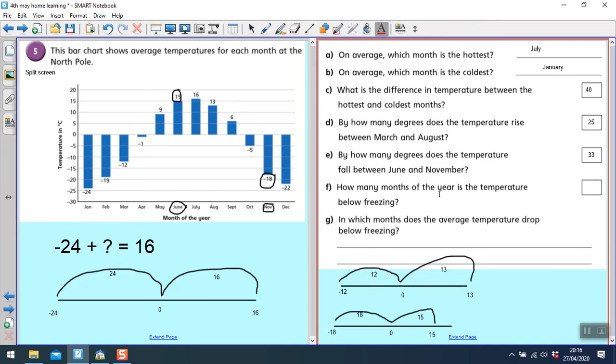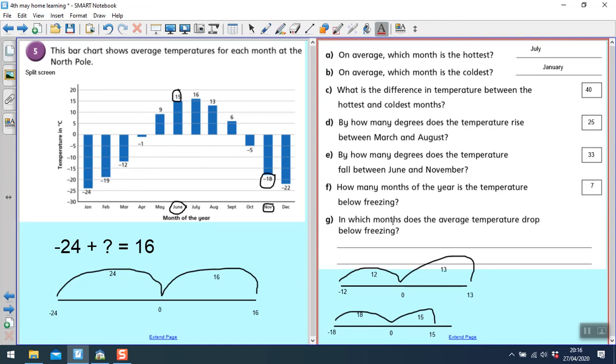How many months of the year is the temperature below freezing? So if it goes below 0, we know it's going to be below freezing. So how many months of the year have we got a negative temperature? 1, 2, 3, 4, 5, 6, 7. 7 months.